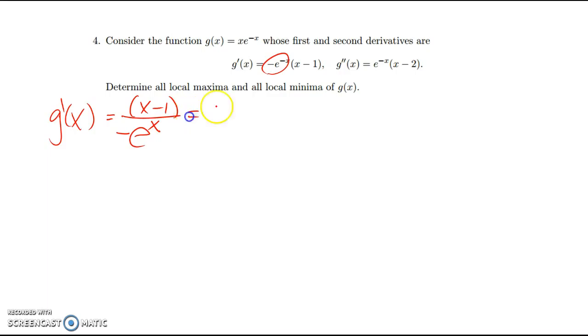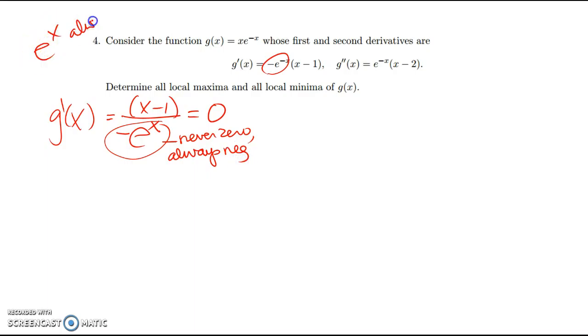So if I set this equal to 0, notice this term in the bottom is never 0, always negative. E to the x is always positive, but since this is negative, that's always negative. So to find the critical point, I just have to worry about the numerator. So x equals 1 is our only critical point.